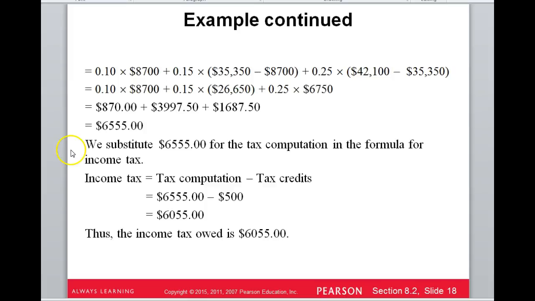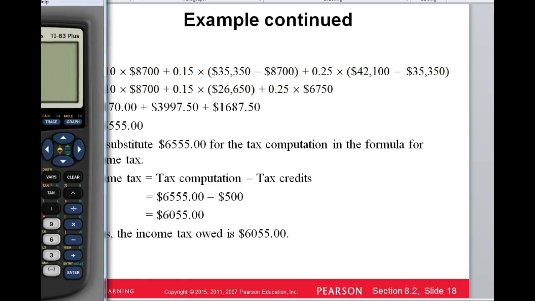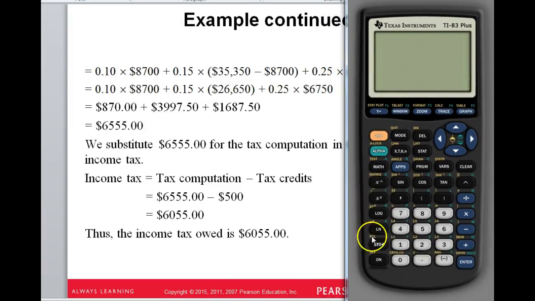And if you calculate that out, this minus this is $26,650, and then this last amount that's at the 25% rate is $6,750. And just notice too here, if I add up these three numbers that we're multiplying by these rates, the 8,700, the 26,650, and the 6,750, that adds up to her taxable income.